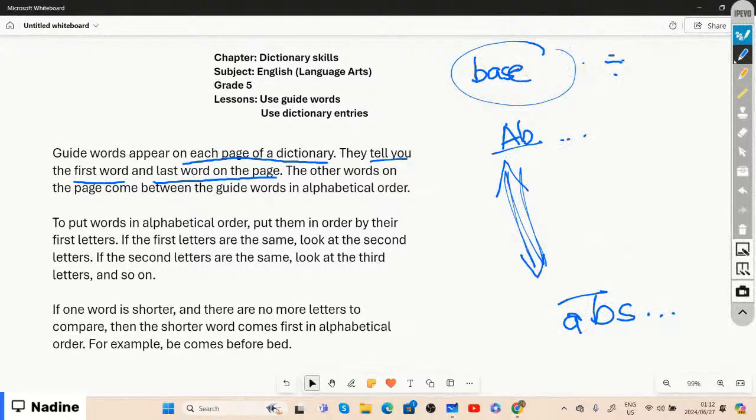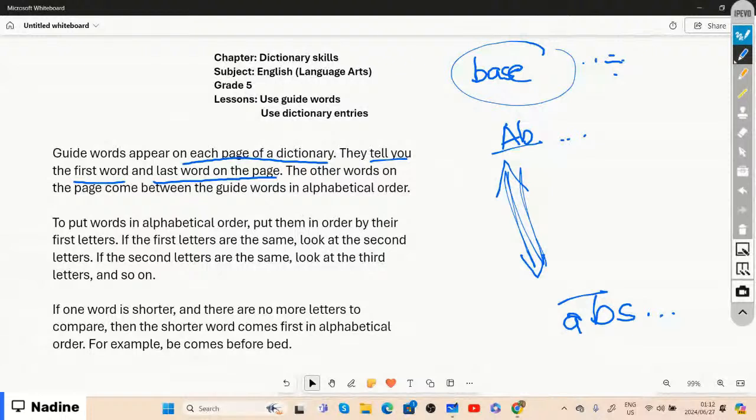But with a thesaurus, you will have the word base, for example. They will tell you if it's an adjective, a noun, or so on. And then they will give you only a one sentence meaning, not an expanded meaning. They only give you one brief meaning of what they think base means. And then you will get a lot of synonyms of the word base.